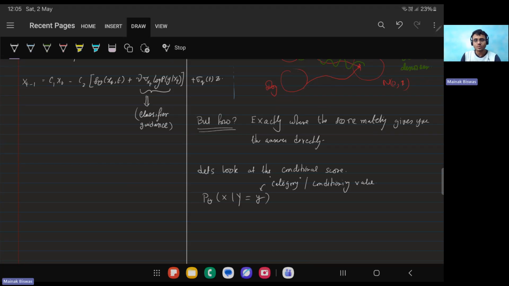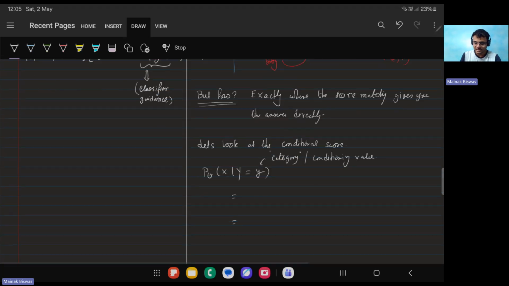So once I do that, if I write the log over here, I can write this as proportional to log of p of the random variable Y equal to y given x, times p of x.